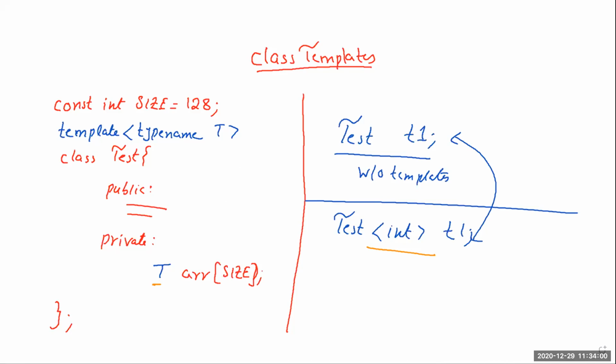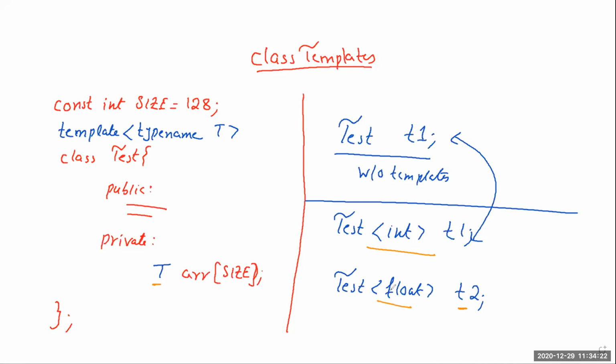Now you can create another object which can have some other data type. So for example, if I write test angle bracket float and I create another object T2. Since you have given float in the angle bracket, for object T2 you have written float here.